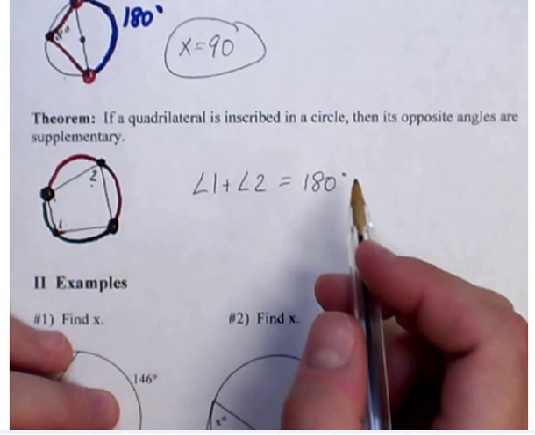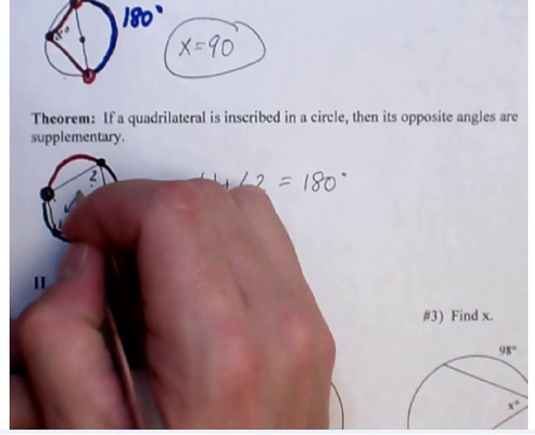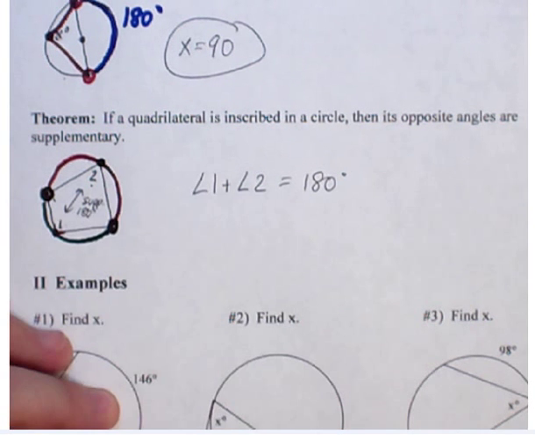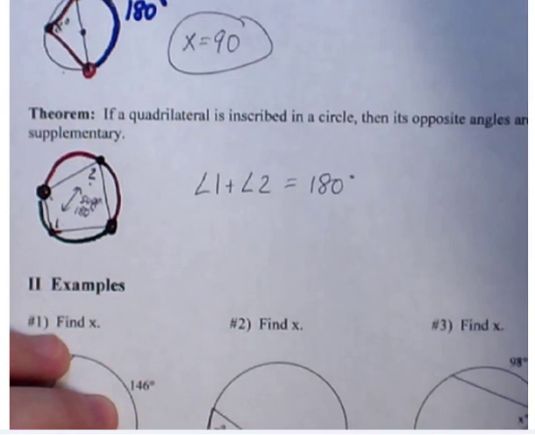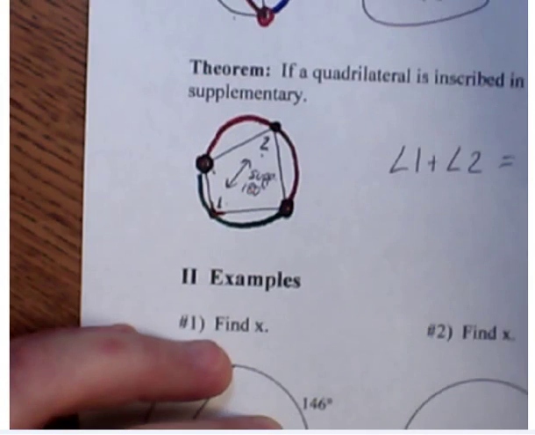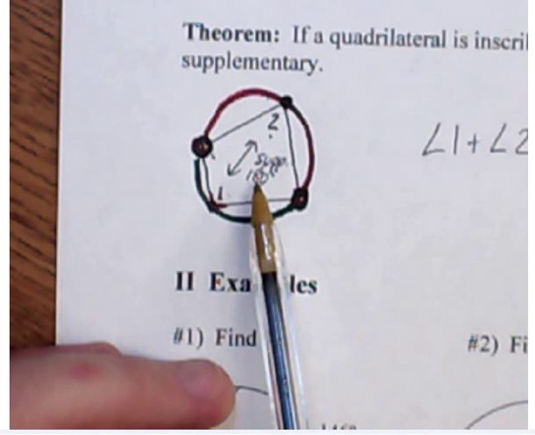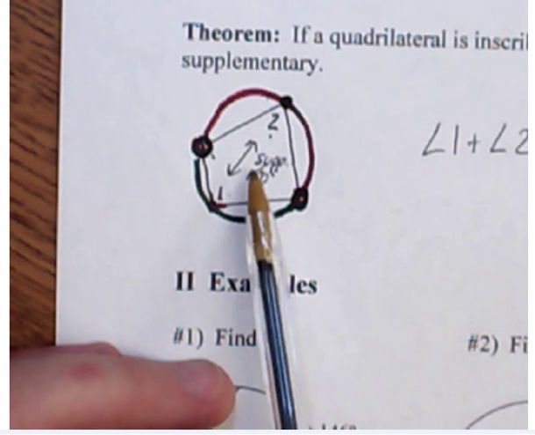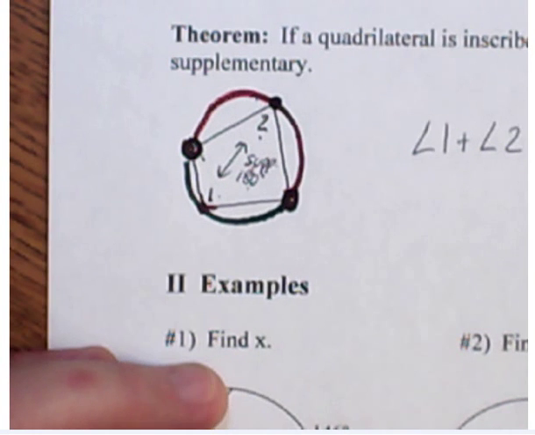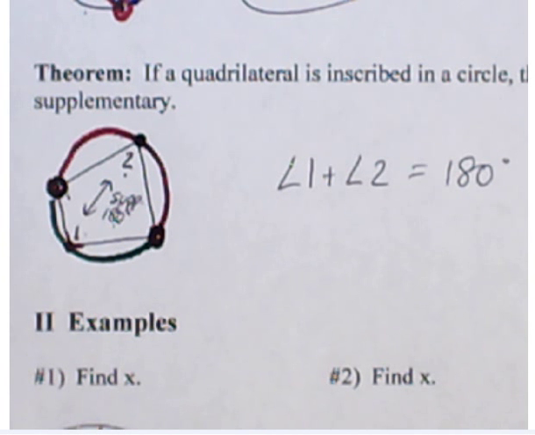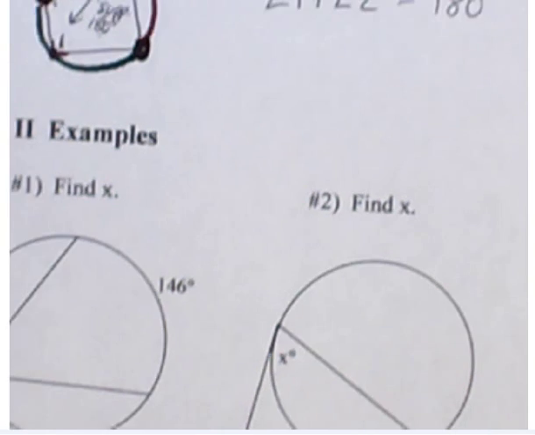So the opposite angles are supplementary, 180 degrees. This is for an inscribed quadrilateral. All right, let me zoom in so you can see that there. That says supplementary, 180 degrees, angle 1 and angle 2. Okay, now those are the notes. I'm going to stop the video for a moment. This is part 1, and in part 2 we will do the examples that are down here at the bottom.